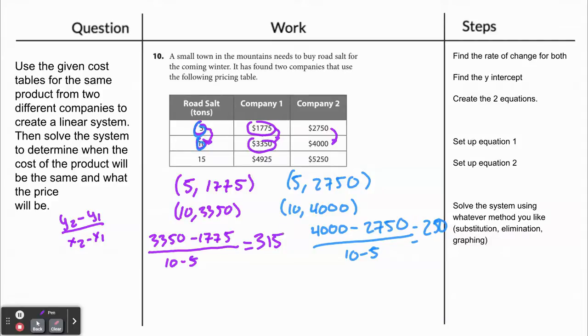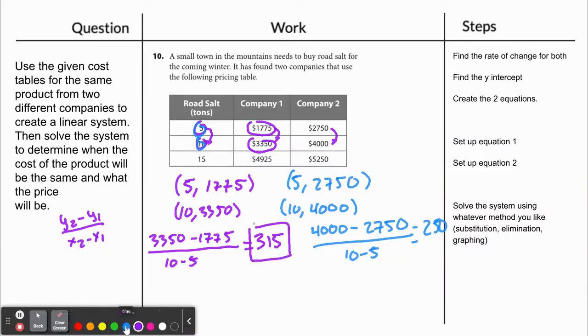After plugging these in, we can find the slope for company 1 is going to be 315. The rate of change or the slope for the second company is going to be 250. So I'm going to go ahead and clean this up so that we can move on with our problem.